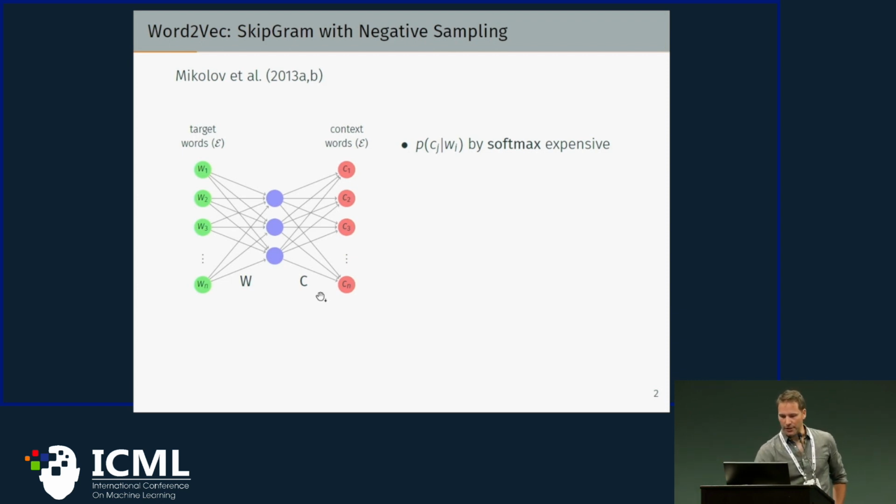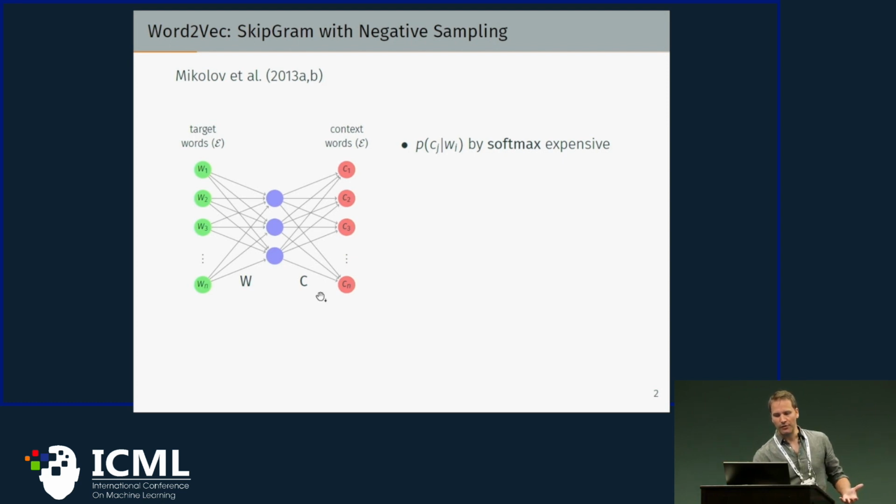So just to set the scene, for these word embeddings, if we look at Word2Vec, the structure of the model is very simple. We just have two embedding matrices, W and C, and for a given target word here on the left, we look to predict the distribution of context words seen around that word in a corpus.